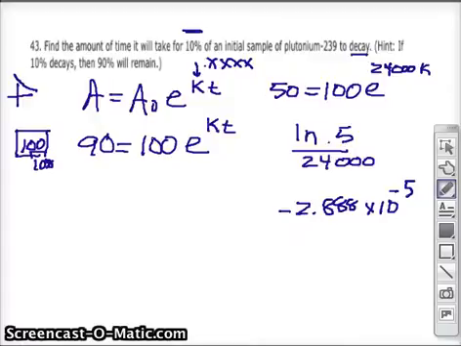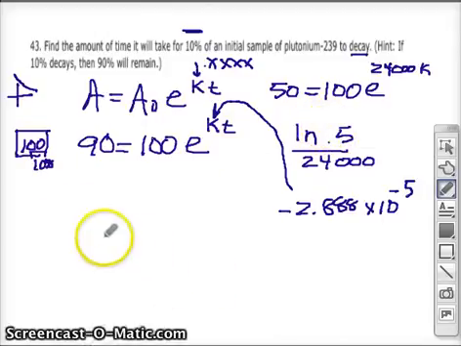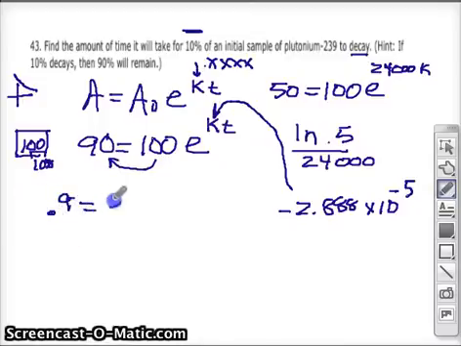So now I can plug in k right here, and then I can solve for time. How much time does it take? Well, if it's 24,000 for half of it, I'm thinking maybe 5,000? Let's see. Let's move the 100 to the other side, so 0.9 is equal to e to the negative 2.888 times 10 to the negative 5 t.